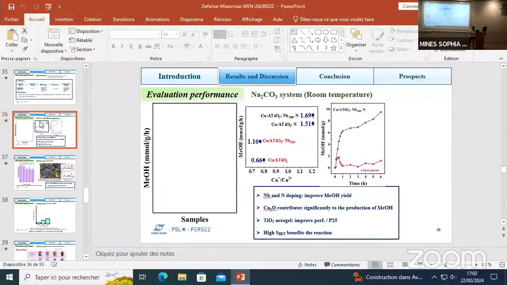But from the literature, from the papers I have read, the mixed phase of anatase and rutile gives higher performance, especially in photocatalysis. That's why P25 is a commercial mixed catalyst and gets good performance. So in my case, maybe we can change the calcination temperature to get the mixed phase, and maybe get a higher performance. Yes, it's a good potential.